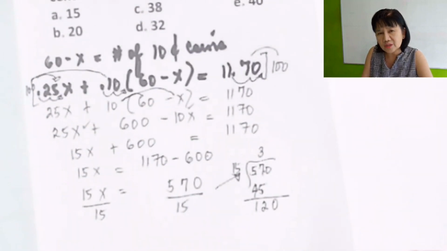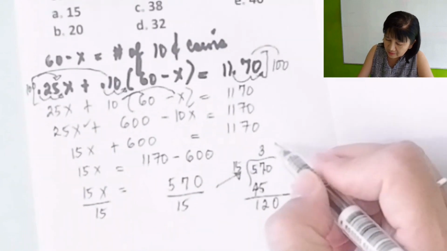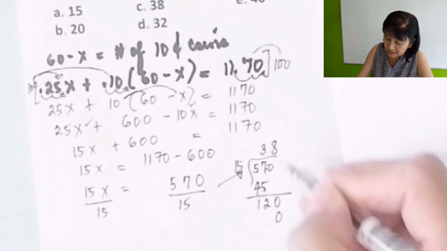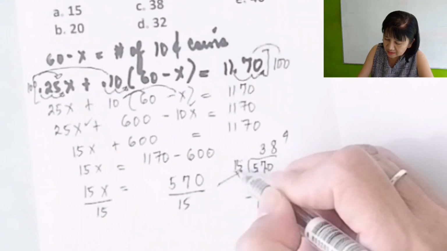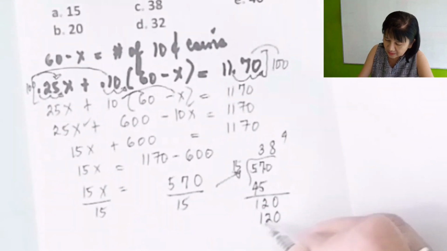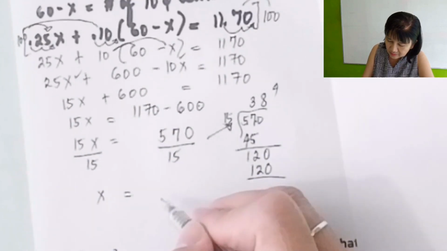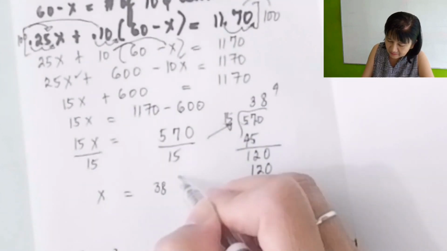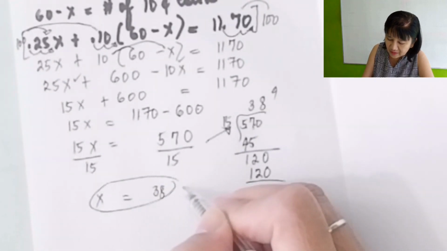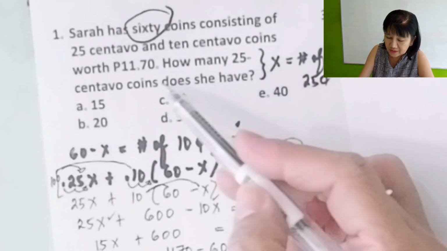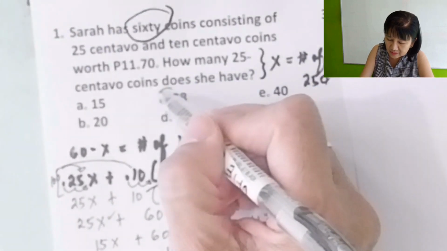So let's approximate, around 8. 8 times 5 is 40, carry 4. 8 times 1 is 8, plus 4, that is 12. So X is equal to 38. See, there are 38 25 centavo coins, and the problem is asking for the 25 centavo coins. So the final answer is letter C.